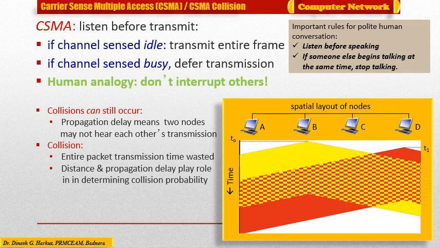From this figure, it is evident that the end-to-end channel propagation delay of a broadcast channel, that is the time it takes for a signal to propagate from one node to another, will play a crucial role in determining its performance.